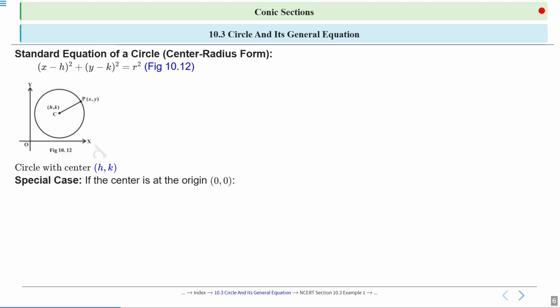So if the center is at the origin, then the equation of the circle is x² + y² = r². Basically, we put the value of (h, k) as (0, 0), and then from the standard equation of a circle, we get the equation of the circle x² + y² = r². I hope it is clear to all of you.